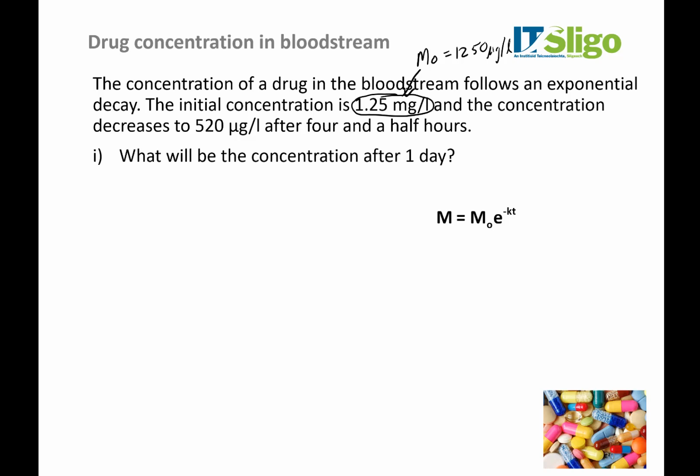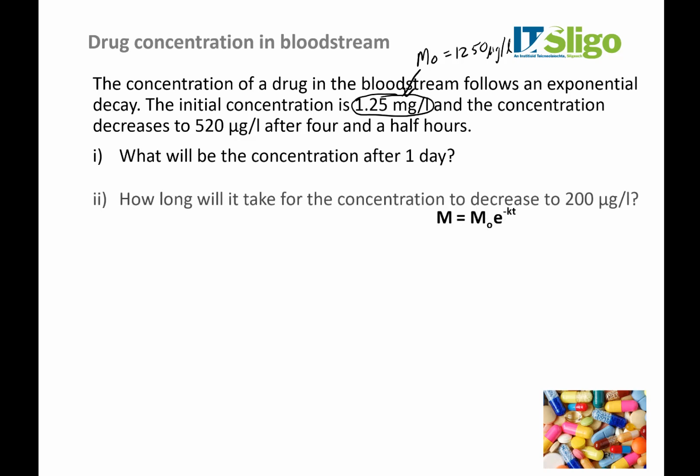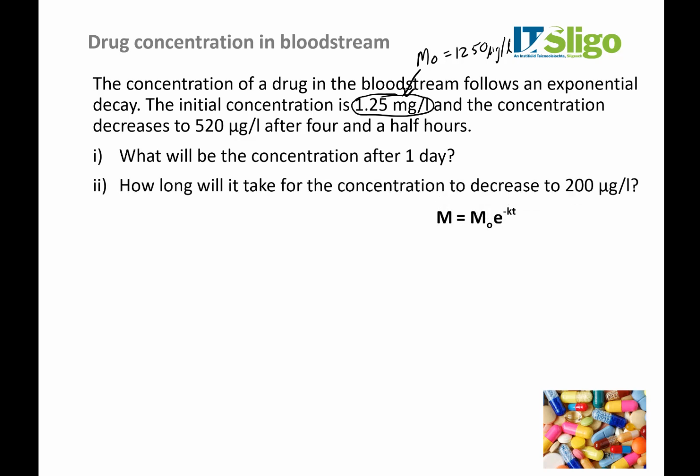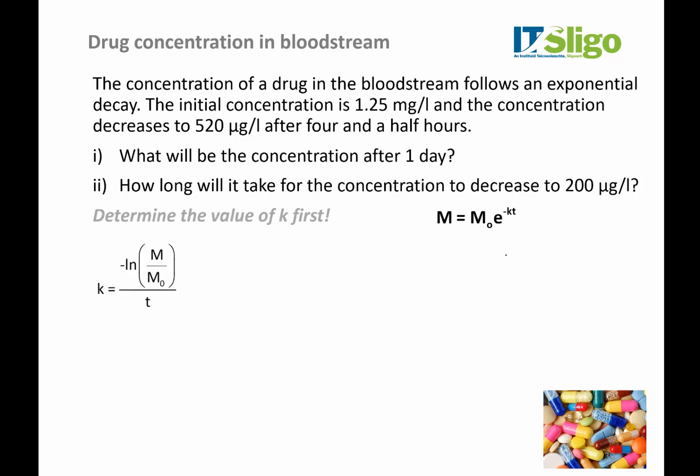So what will be the concentration after 1 day? How long will it take for the concentration to decrease to 200 micrograms per liter? But again, guys, we can't go anywhere until we calculate K first of all. Same as before, but just note the minus.